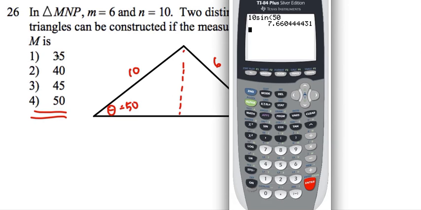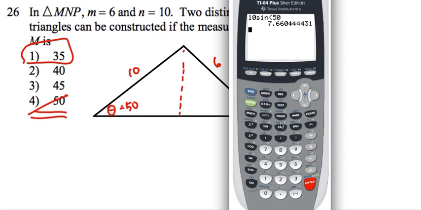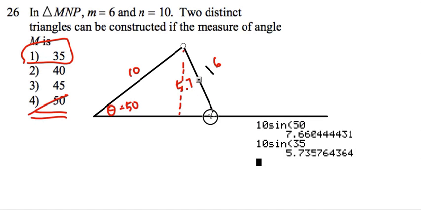On the other hand, let's go for the other side. 35. In that case, what we could have done is this. 10 sine of 35. You see, in this case, you will realize the height of the triangle is 5.7. That means one triangle would have been something like this way, because this length would have been 6.